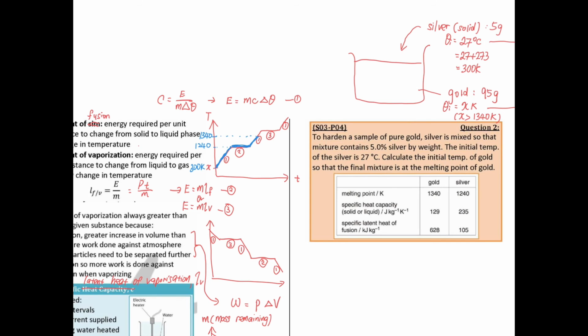So we should start from somewhere here until the melting point, then we stop already. So this is the X Kelvin that we are looking for. Then we heat it up until the melting point, and then finish.